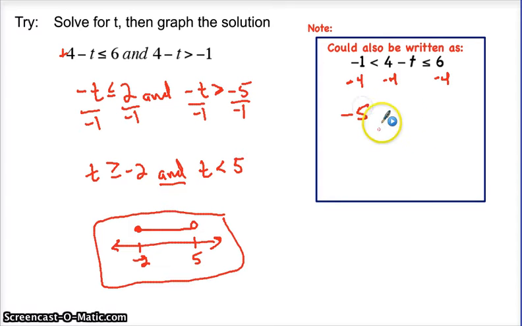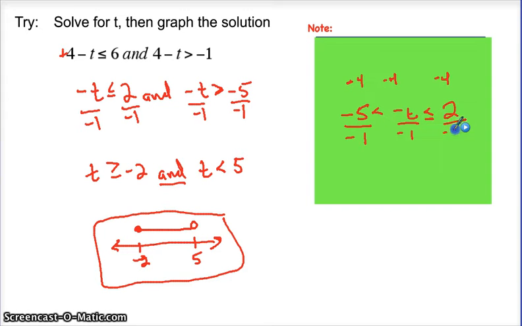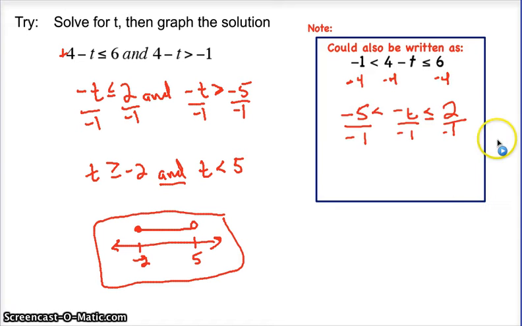So this becomes -5 is less than -t, which is less than or equal to 2, and then finally divide by our -1, and this becomes 5 being less than, now becomes greater than, t now greater than or equal to a -2.